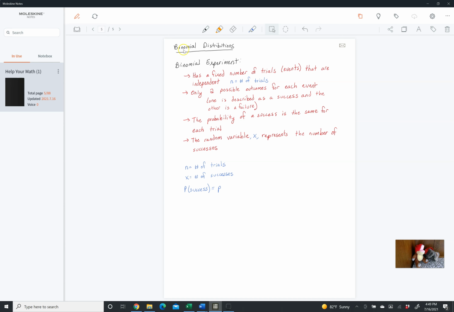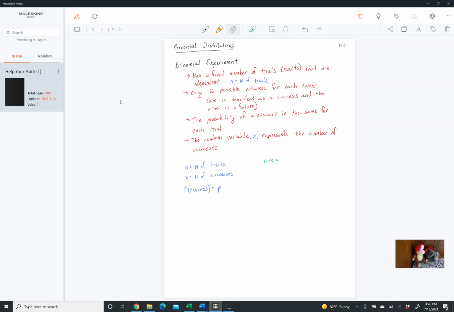And as a side note, this means that if we want to know the number of failures, we could take the total number of events and subtract the number of successes that we have. So n minus p, sorry, I didn't mean p. I meant x. n minus x, because x is the number of successes.